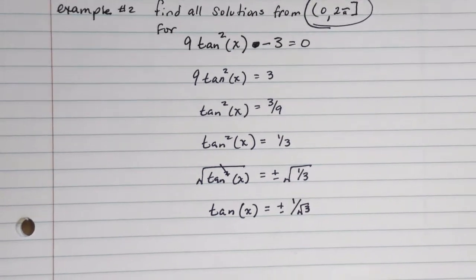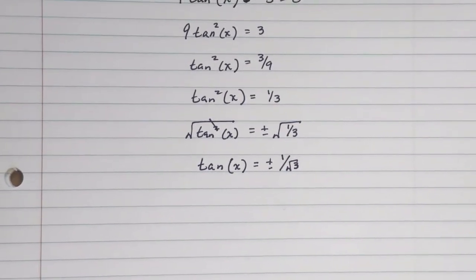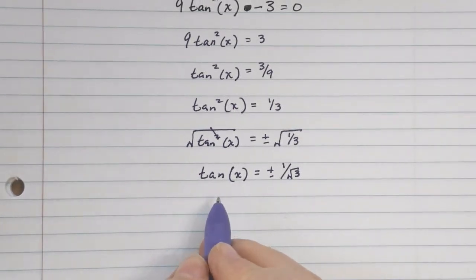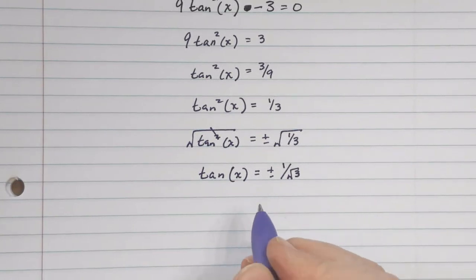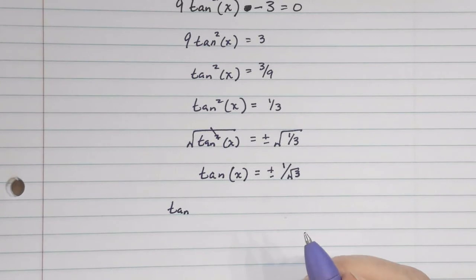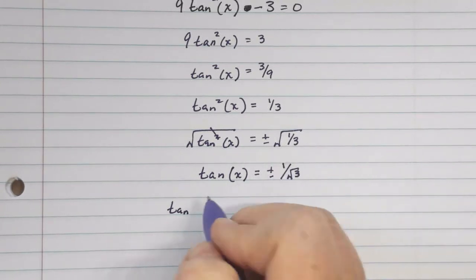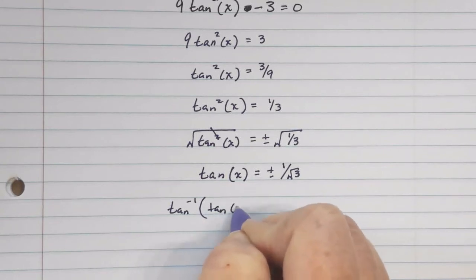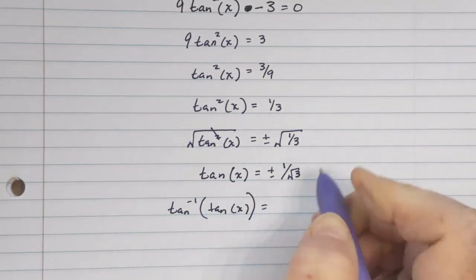So now, we still want the value of x, not the value of tangent of x. So we need to get rid of this tangent function. And one way to informally think about it, and I say informally because there are some restrictions on domain and such, is to take the tangent inverse of both sides. So I'm going to do that now.